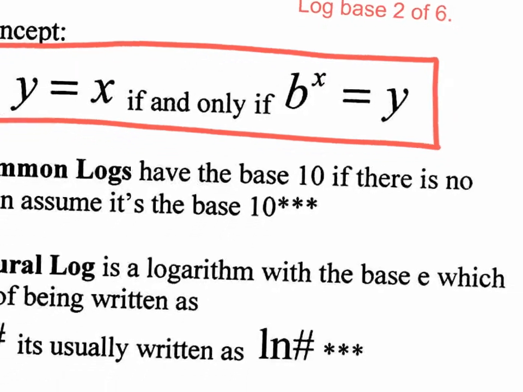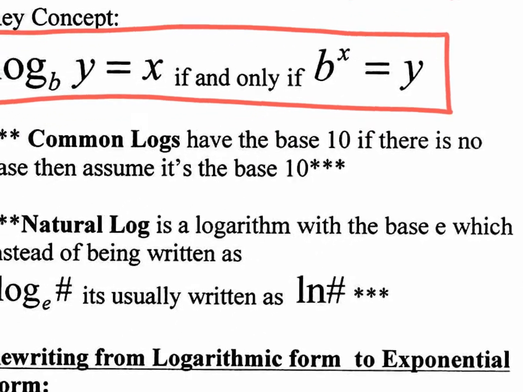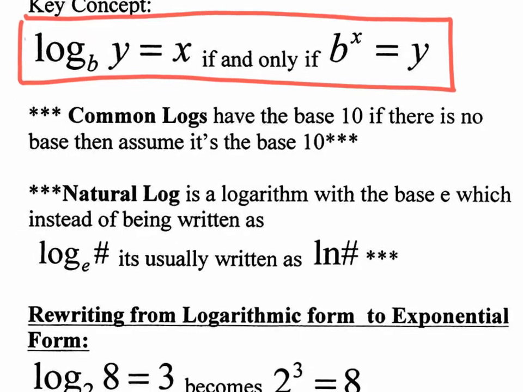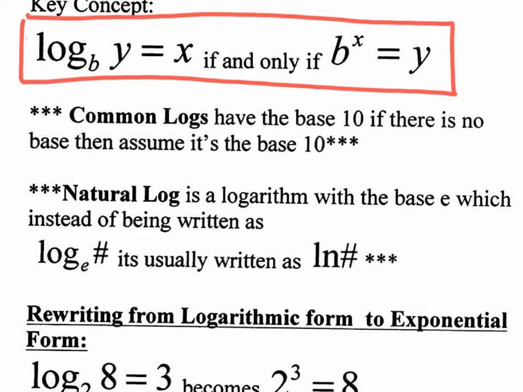And before we actually jump to how logs work, let's throw some vocab words out there for a little while. A common log is a logarithm with the base 10. Okay? A common log is a logarithm with base 10. Now listen to this. If there is no base, then assume it's base 10.